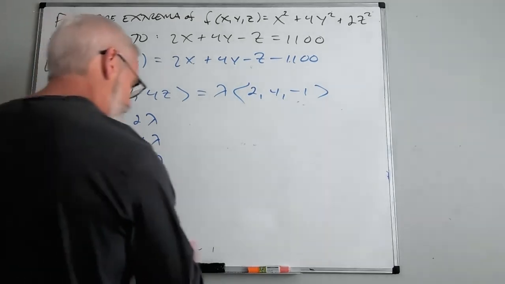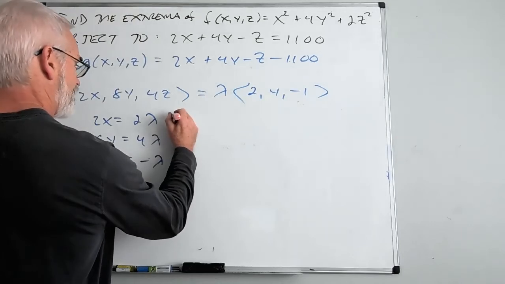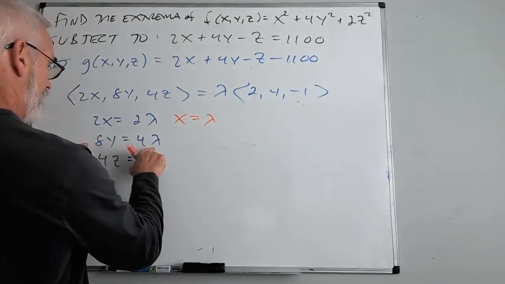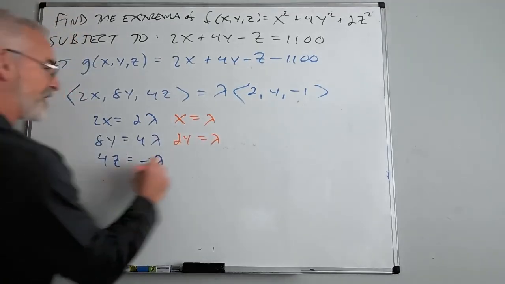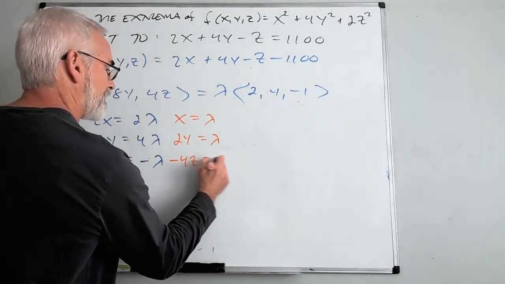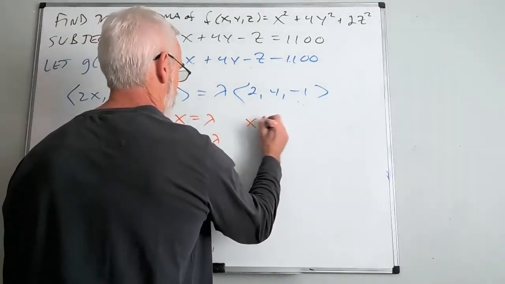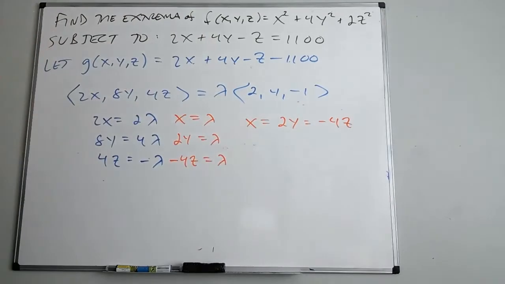And if I do that, maybe I have a nice little link here. So for example, this one says that x equals lambda. This says 2y equals lambda. And this says -4 times z equals lambda. Is that useful to me? Yeah, that means x equals 2y equals -4z.